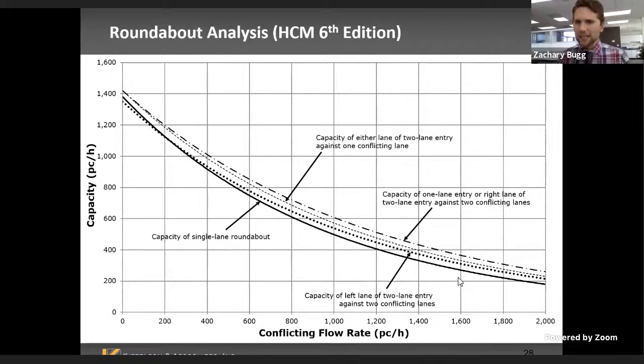The thick black line here is just a single lane. So if you had 1,000 conflicting vehicles an hour, you come up, hit the line, and come over to the y-axis here. That means your approach capacity would be 500 vehicles an hour. So it's very, very easy to compute capacity and volume-to-capacity ratio for a roundabout compared with some of the other forms of control.